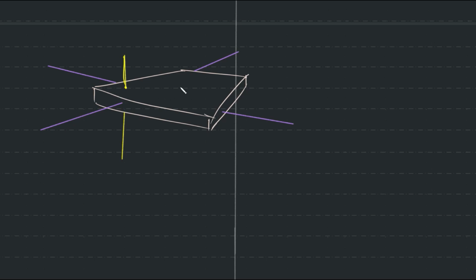If I have something like this scenario, if I know the moment of inertia along, say, y, not y, I want to call it the a axis, and this I'll call the b axis. So if I know how much I have to struggle rotating this object along the a and along the b, I'll be able to figure out along the c axis.